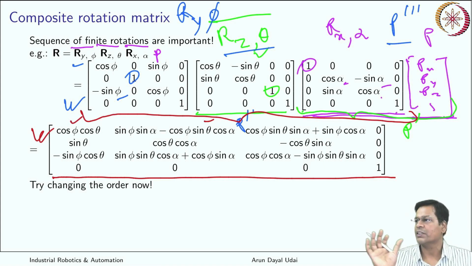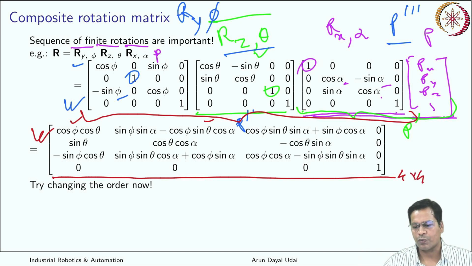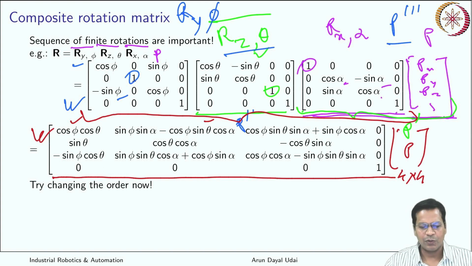So all three rotations are now in a 4 cross 4 matrix form, and it can directly be applied on the point, and you get to P triple dash straight away.